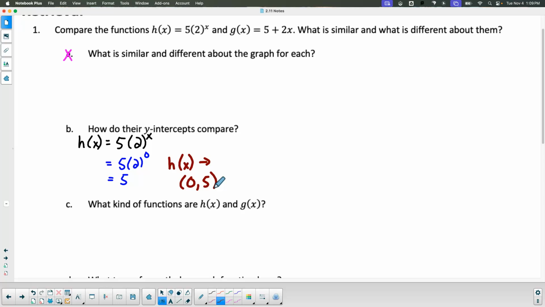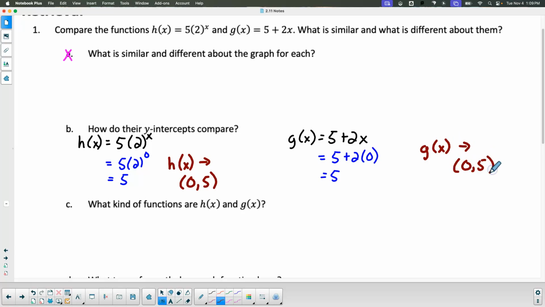H of x has a y-intercept of (0, 5). G of x has a y-intercept of (0, 5). So how would they compare? They're the same. Yep, exactly. They are the same.